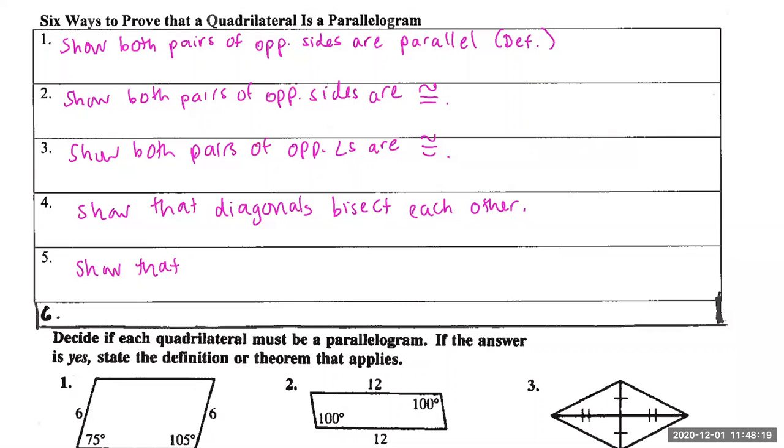The reason being, if you are able to show that same side interior angles are supplementary, then you've proven that the lines are parallel, and then it goes back to this reason. I like to have it here so that when you're looking at a picture and you can tell that they're supplementary, you automatically know that it's a parallelogram. So show that two pairs of same side interior angles are supplementary.